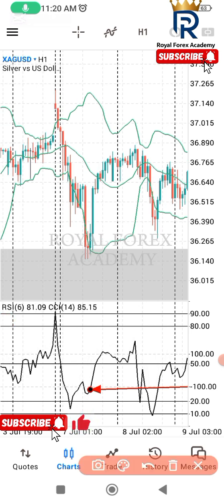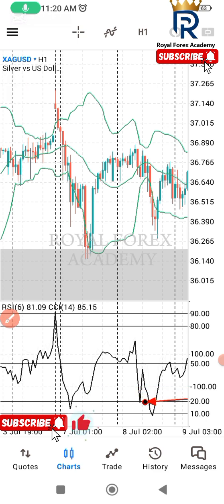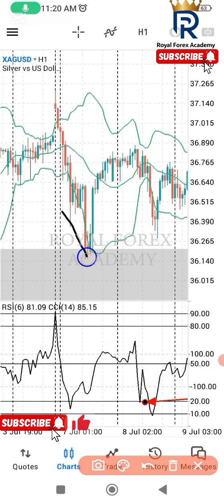As you can see, this is the return of the price into that order block, and our trading strategy is a very simple and powerful one. So look at this. When this was happening, price gave us a lower low, lower low, lower low.